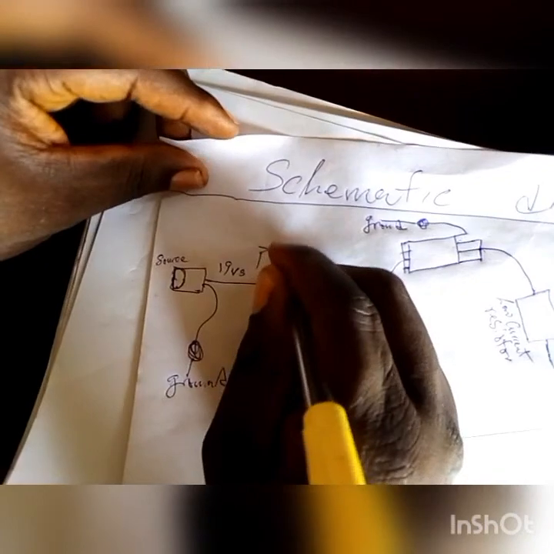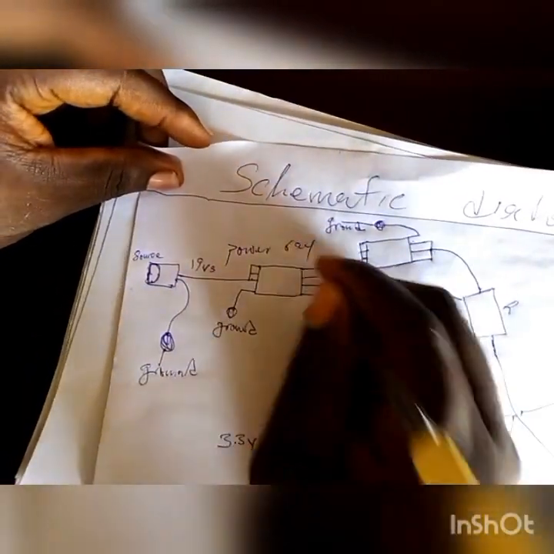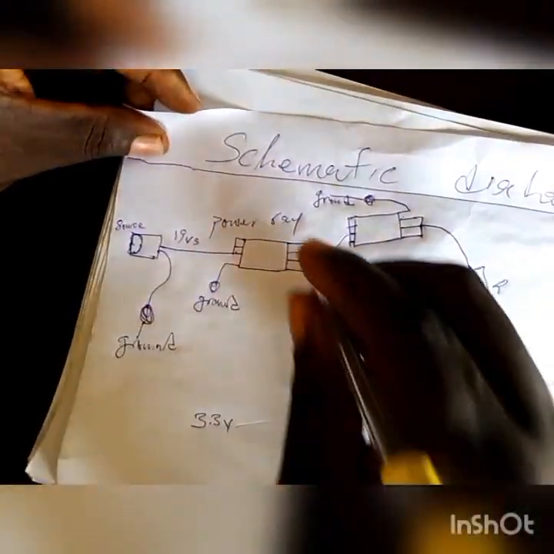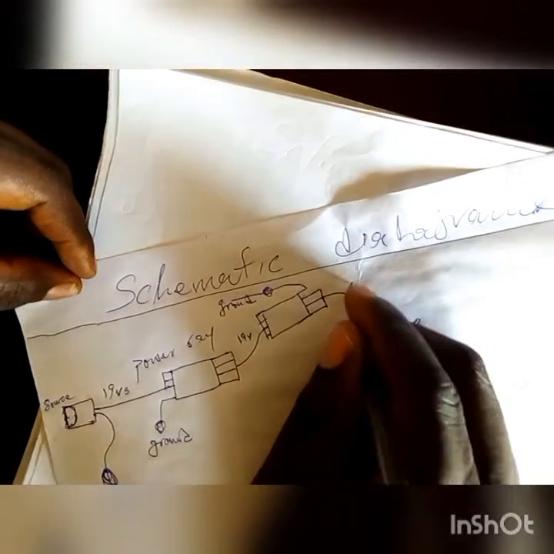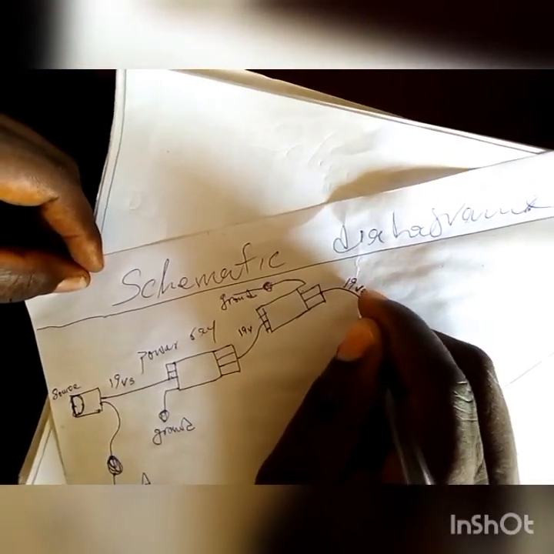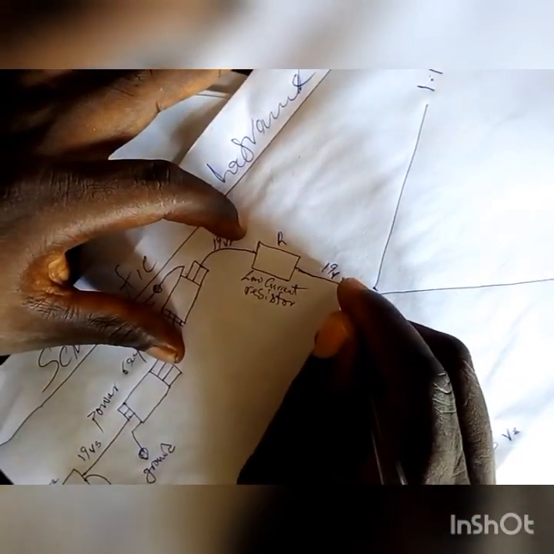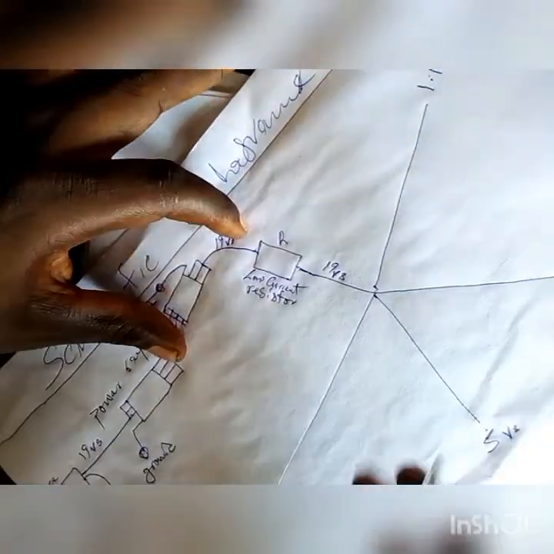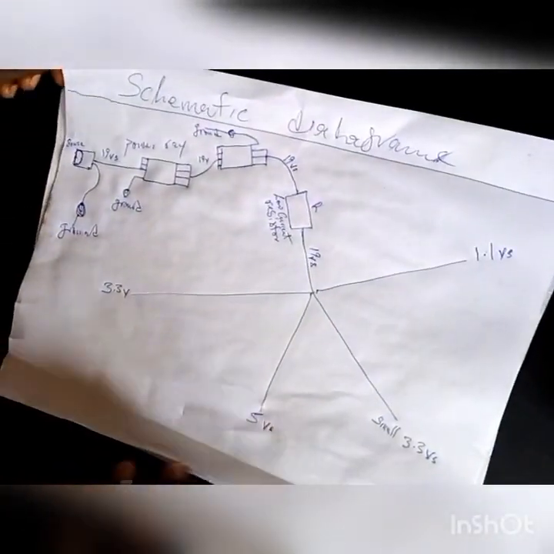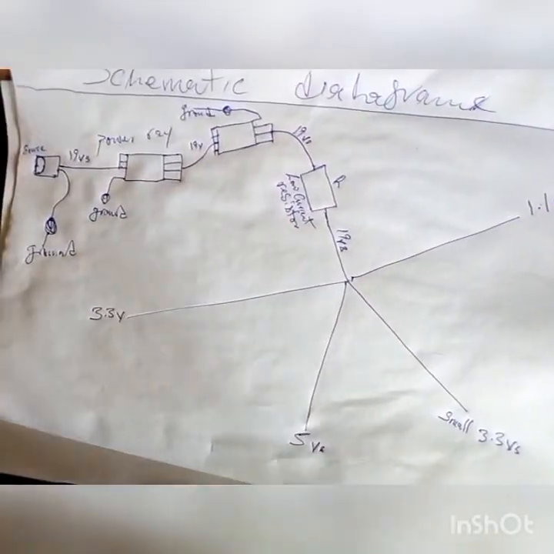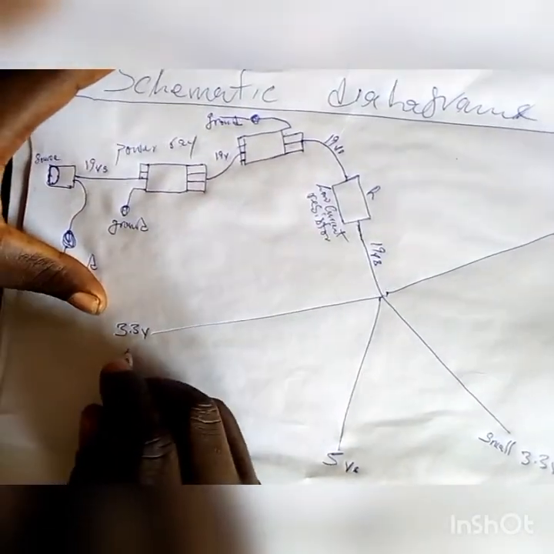This 19 volts power comes to here, over this low current resistor, and then shares the 19 volts to this switch, which is 19 volts.